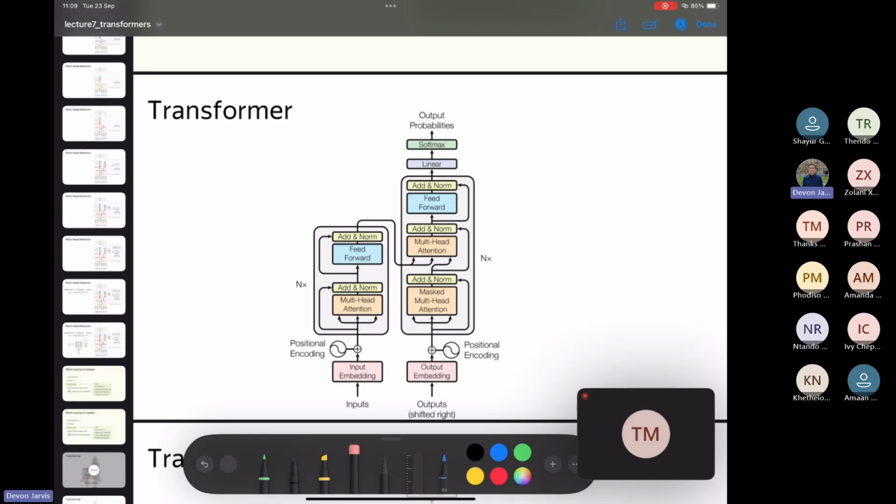Guys online, can you see the screen, the Moodle page? I see the slides. Yeah, I can only see the slides right now. Okay.